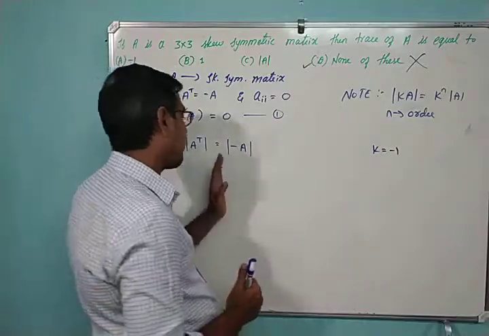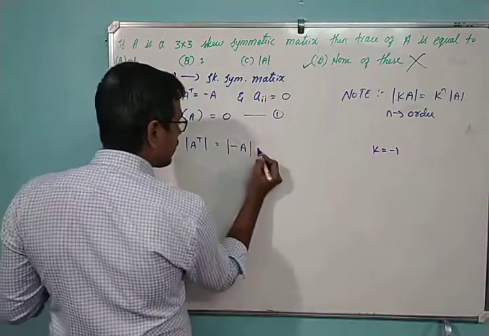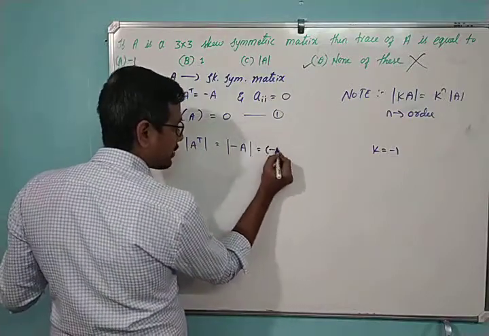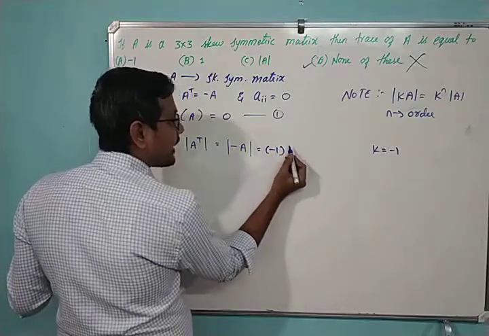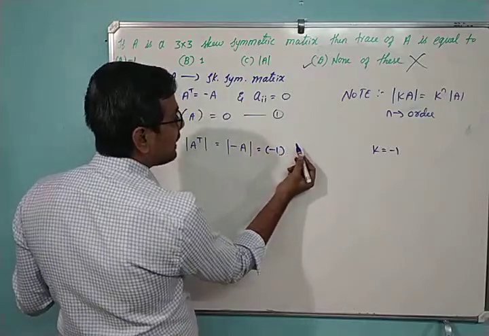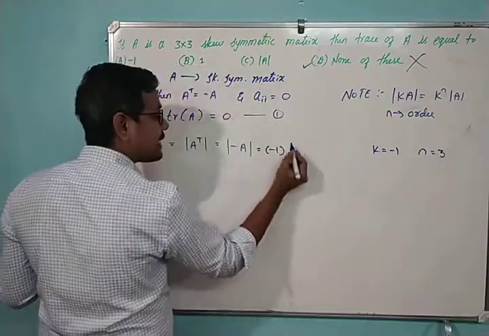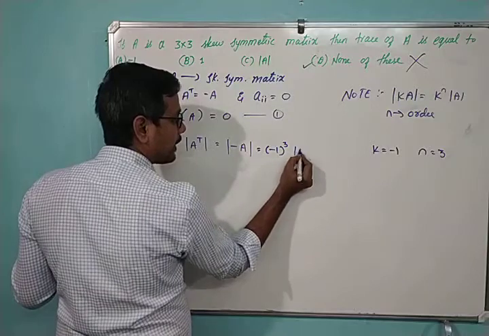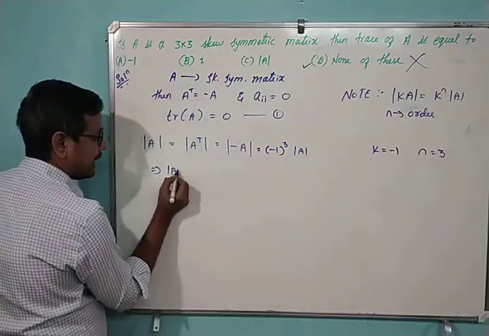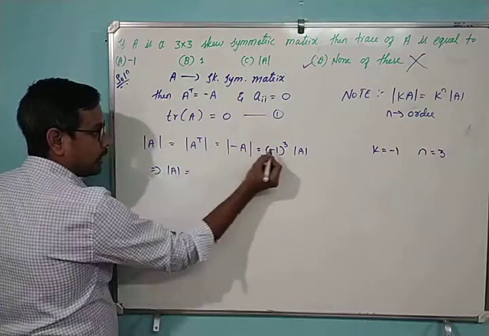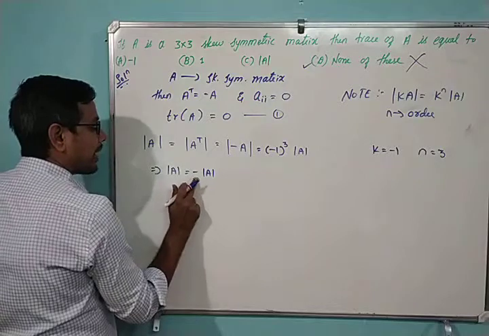So minus 1 will come out, to the power of n. Here n is 3, given the order as 3. So it will be minus 1 whole cube into determinant A. So I will write determinant A as equal to minus 1 whole cube, which is minus 1, so it will be minus of determinant A.